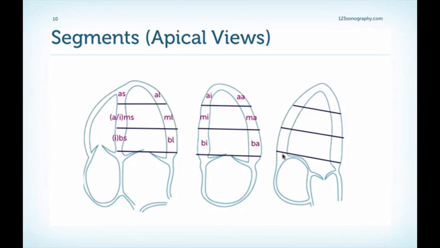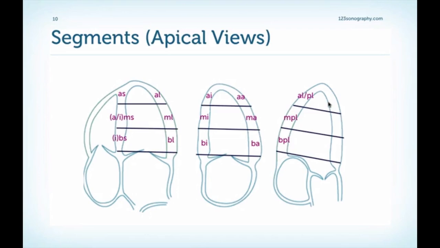Now let's turn to the three-chamber view. Here is the posterolateral wall. This is the anterior septum. Therefore, we can divide the following segments: basal posterolateral, mid posterolateral, and here we have the distal posterolateral or distal anterolateral segment.